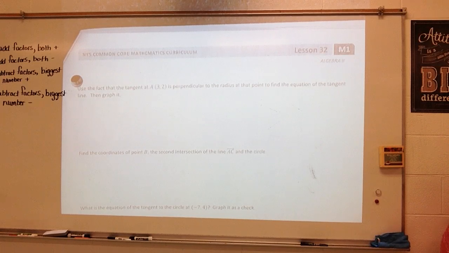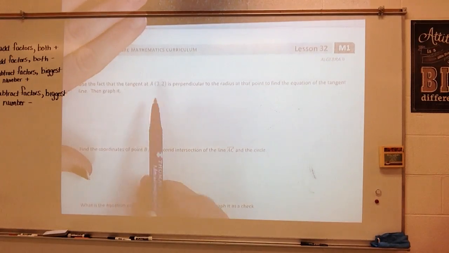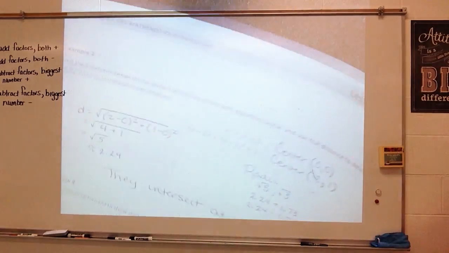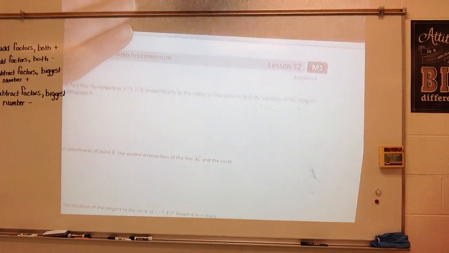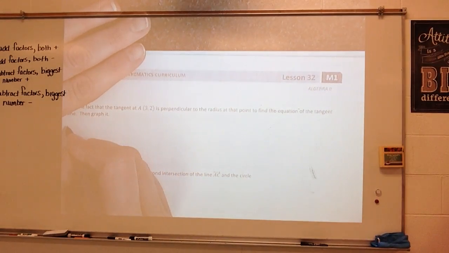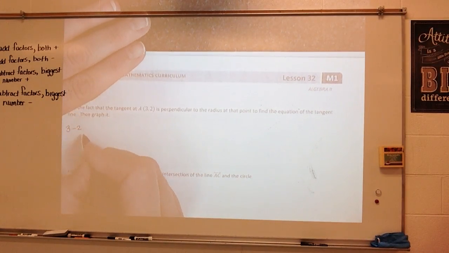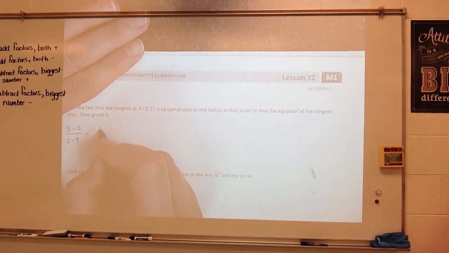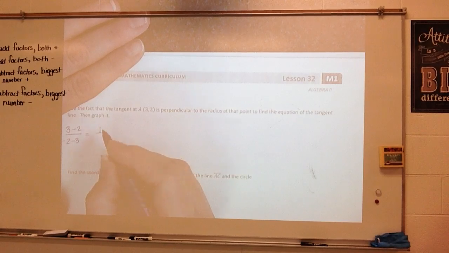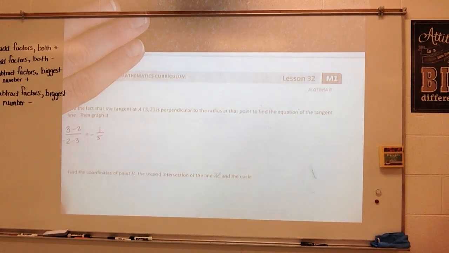So we've got to find the slope of our AC. If A is 3, 2, and our center is negative 2, 3, remember we find our slope like this. So 3 minus 2 over negative 2 minus 3, so that is 1 over negative 5, or negative 1/5.